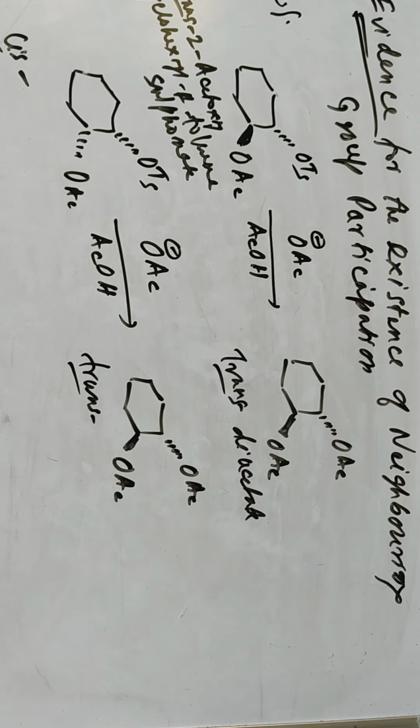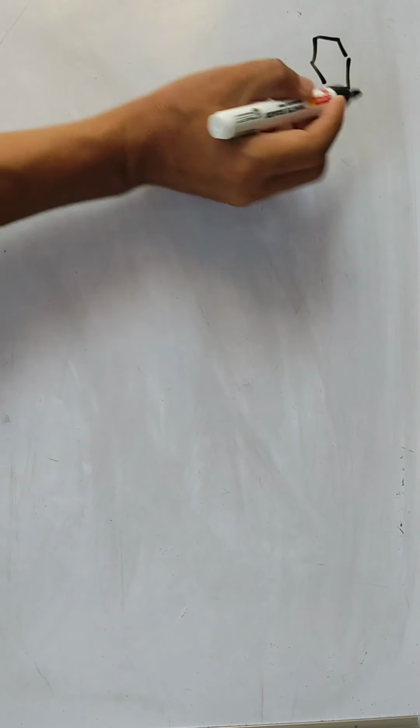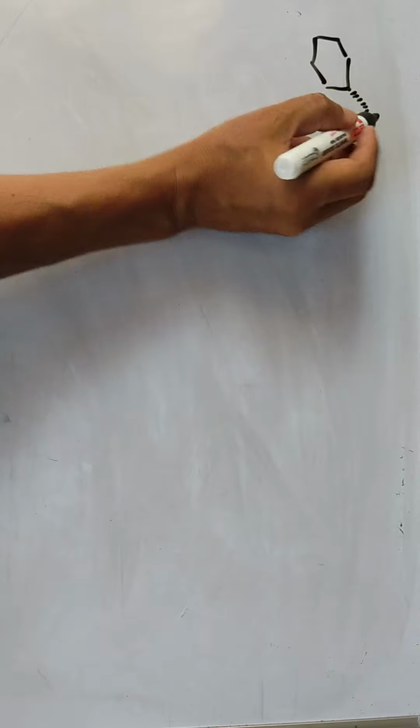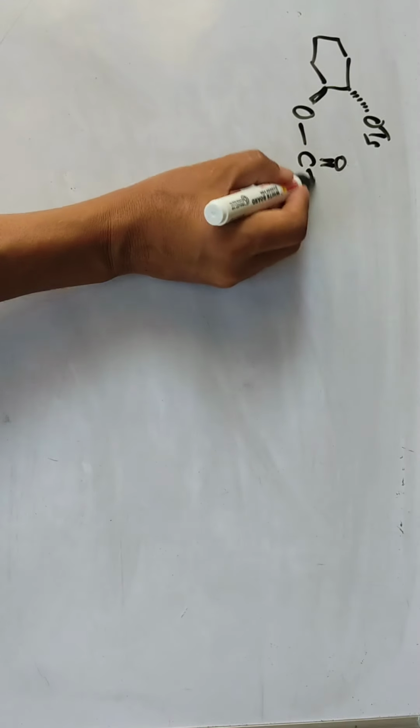So let's see the mechanism of how this neighboring group participation takes place. Let's see the mechanism of the formation of this compound. Let's take an example from the trans system. Okay, let's say trans. This is the OTs leaving group, and we have this trans OAc system.